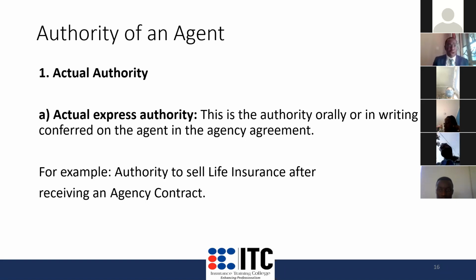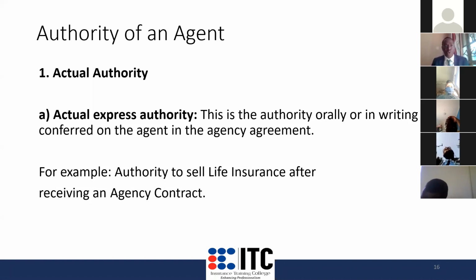So we're going to understand 3 of them. And number 1, the actual authority, is broken into two sections. So actual authority would go straight to the sub ones, which is the actual express authority.